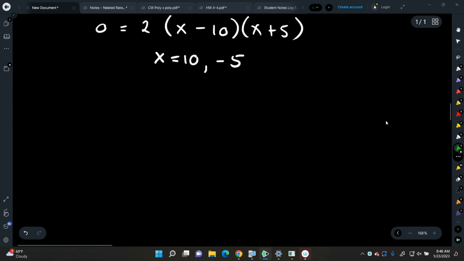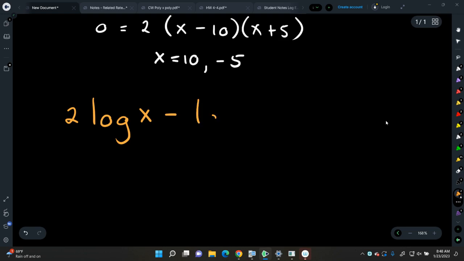Okay, let's look at this one. Let's do 2 log x minus log 4 equals 2. What do you think? Put the square, yes, move it up to the exponent.